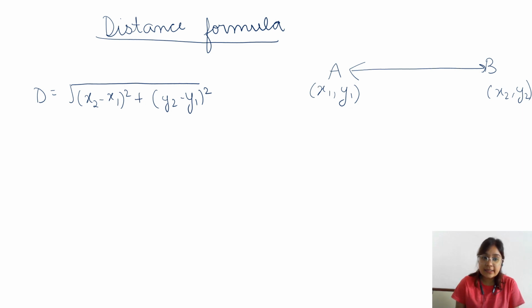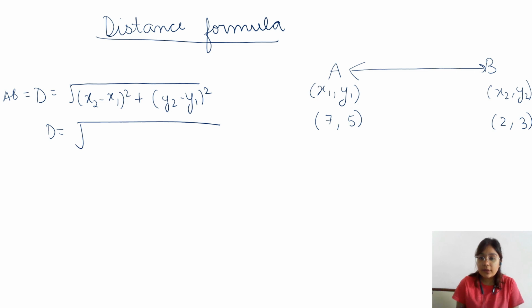Suppose I have been given the points (7, 5) and (2, 3). Okay, so what you will do is put x1, y1, x2, y2. Now you will put it in the formula. I have just taken random numbers.